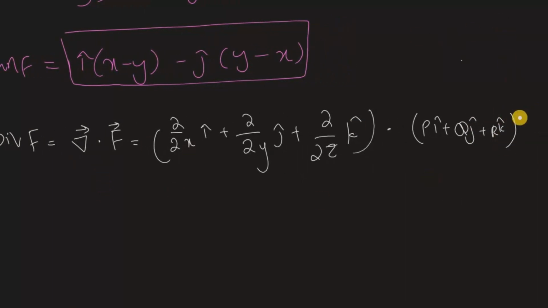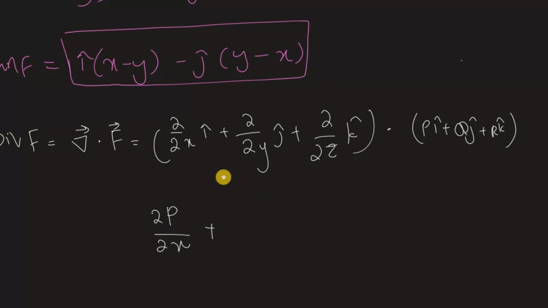Okay, so now we simply dot product it. So this times this, that would be partial derivative of p with respect to x. Remember how you take the dot product, you only multiply i with i, j with j, and k with k, and there's no i, j, k at the end. It's going to be a scalar product. Divergence is a scalar product, and curl is a vector product.